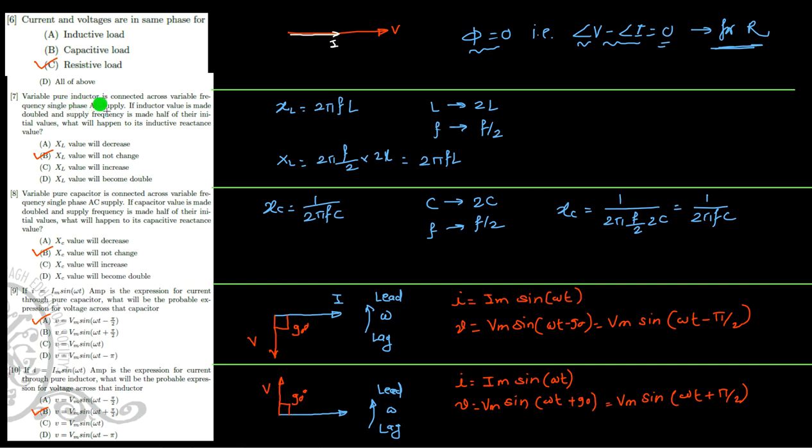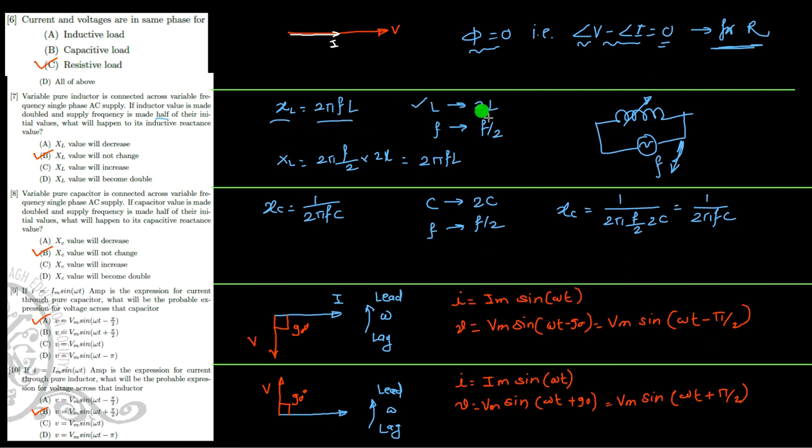Okay, variable pure inductor. I have an inductor connected across a variable frequency supply. Here it is the AC supply, but the frequency is variable, that is, I can increase or decrease the frequency. If the inductor value is doubled and the frequency is halved from their initial values, XL is equal to 2 pi FL.